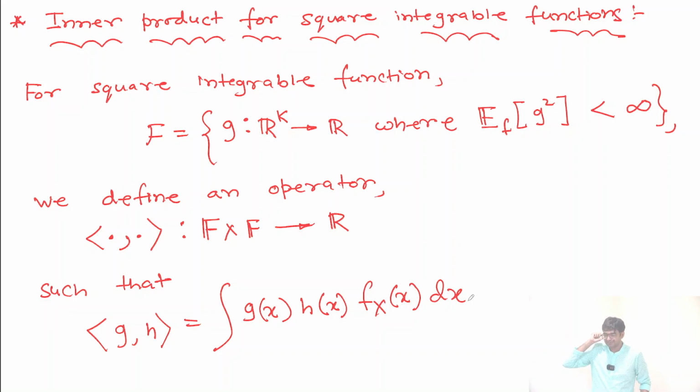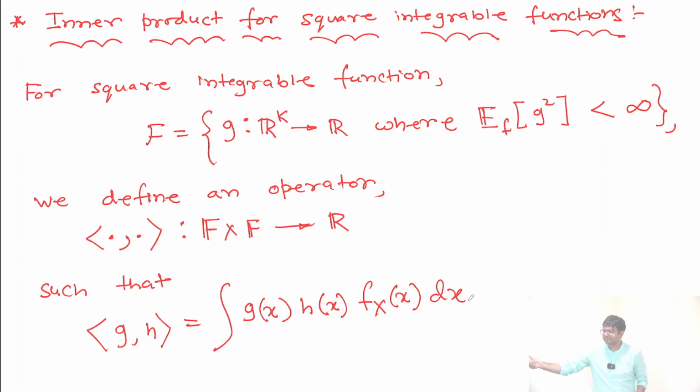So the inner product is not something that will remain unchanged. The definition will remain unchanged, but if I have two square integrable functions in vector space, one for x with PDF f_X(x), the other for y with PDF f_Y(y), then even for the same h and g, you will get a different output of the inner product, because this f_X(x) will change to f_Y(y).